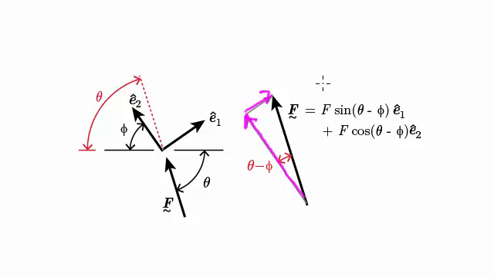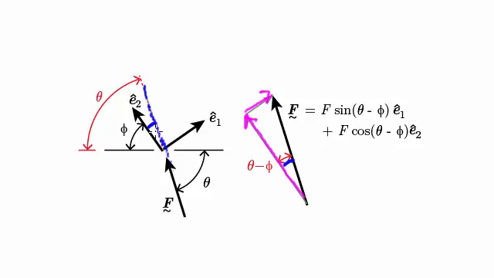Now what I have to do is identify an angle inside this, hopefully one of the interior angles inside this force triangle. And I think the one that's easiest for me is this angle right here, because it's the angle between the force vector F and the e hat 2 direction. If I were to extend this force vector F right there, this angle right here would be the same as that angle right there.